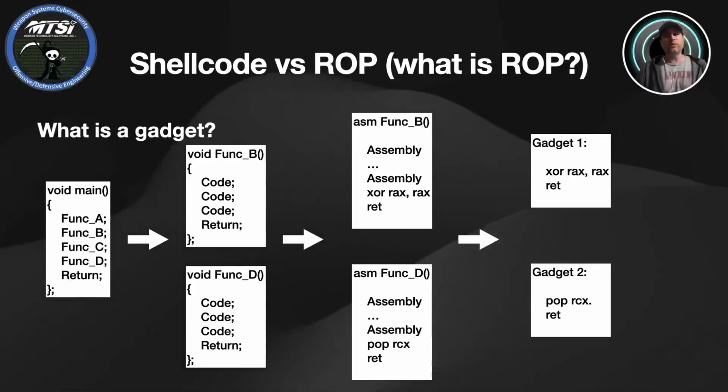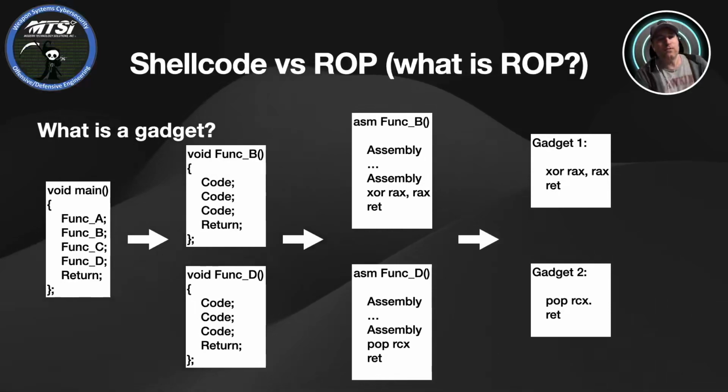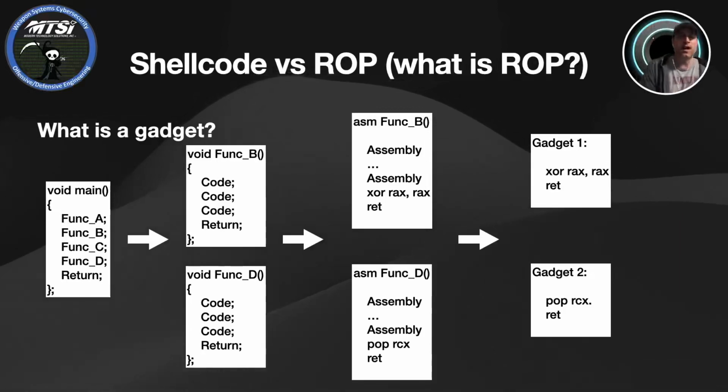For those who aren't familiar with assembly, when you XOR a register with itself, the result is 0. So you basically clear out the register. This is a shorthand or shortcut in assembly to zero out a register. So in function B at the end, I've got this XOR opcode to clear out the RAX register, and then it returns, hence the RET opcode there in x86 assembly.